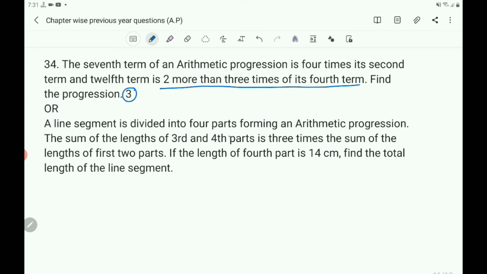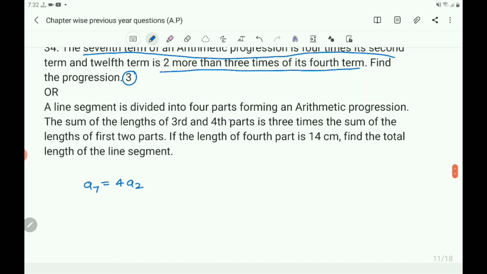Now, the 7th term is 4 times its second term. Let us discuss the choice question afterwards. First, take the first condition: the 7th term, a7, is 4 times its second term, that is 4a2.